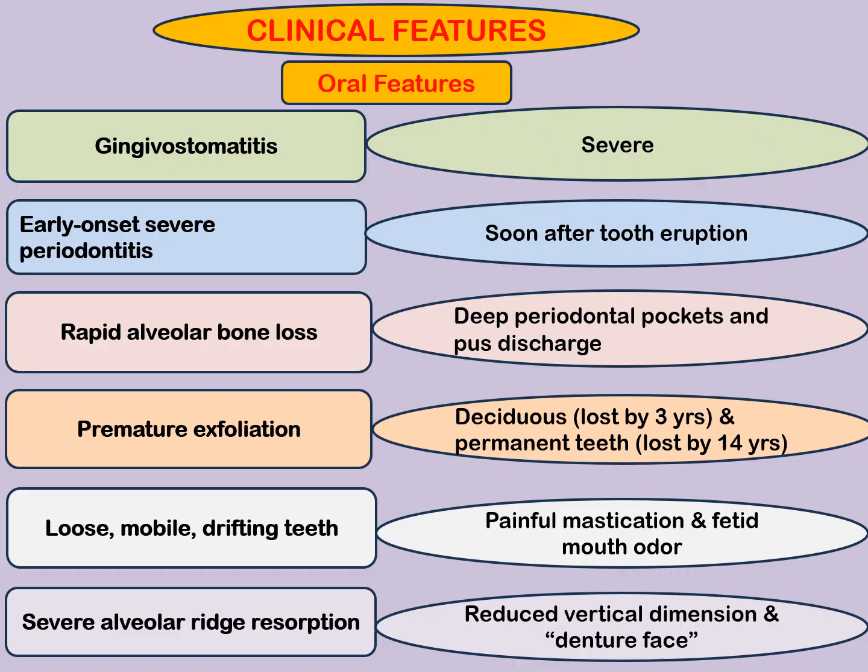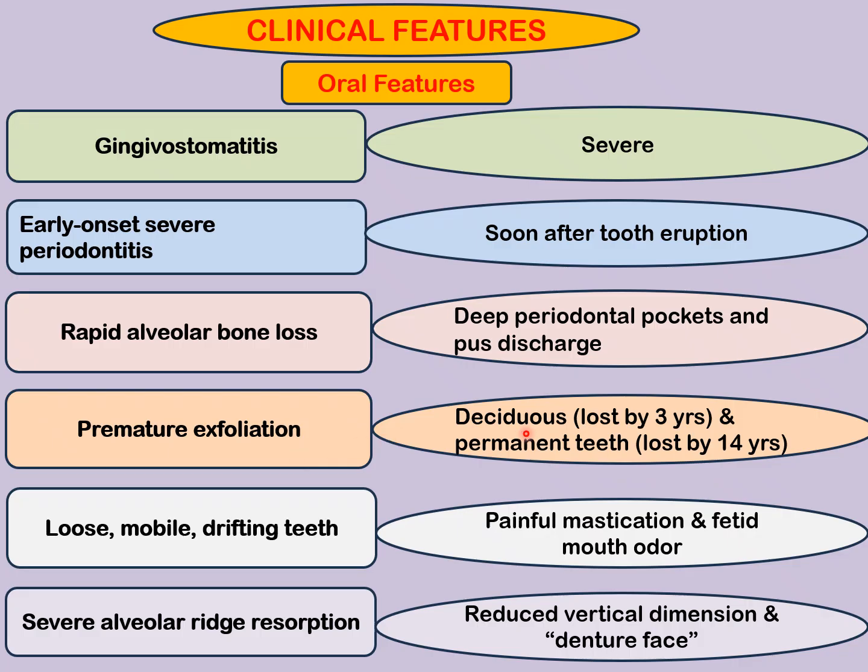Coming to the oral clinical features of PLS, the patient shows severe gingivostomatitis, that is, the gingiva is inflamed, ulcerated and painful. There is early onset severe periodontitis which appears soon after tooth eruption, and this is a key diagnostic sign of PLS. There is also rapid alveolar bone loss with deep periodontal pockets and pus discharge, and the patients present with premature exfoliation.